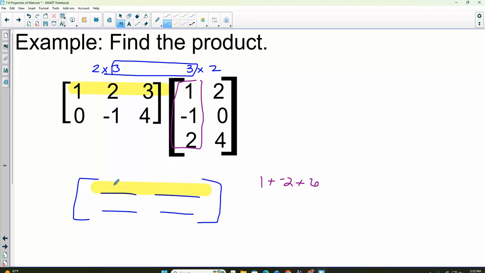Add those together. We get 5. Do our second column. So 1 times 2 is 2. 2 times 0 is 0. 3 times 4 is 12. So we get 14.